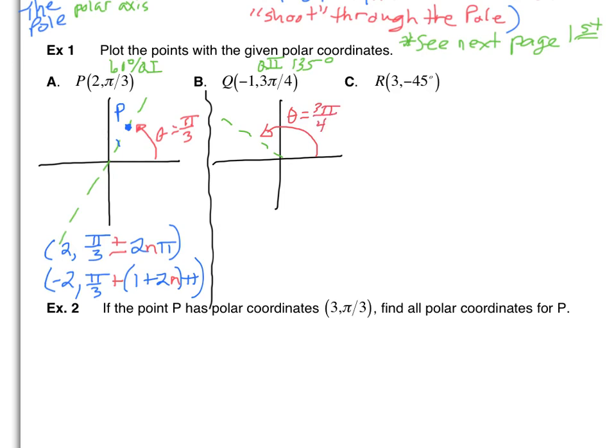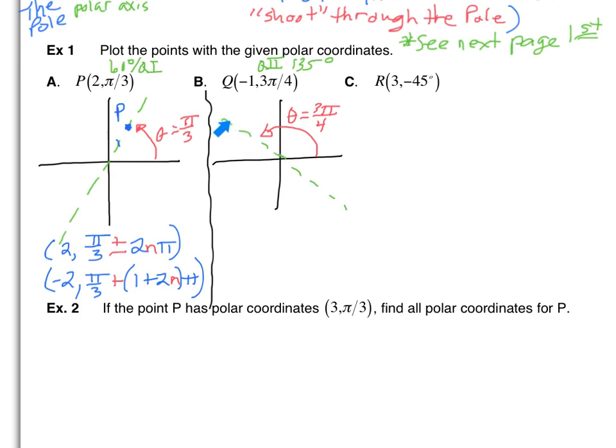But I need to look at the other end of this line as well, because it really extends in both directions. My polar coordinate can be anywhere here or here. Because this is the terminal side of theta, this is the terminal side of this line, is this part right here in quadrant 2. If r is positive, then my polar coordinate would be plotted here.